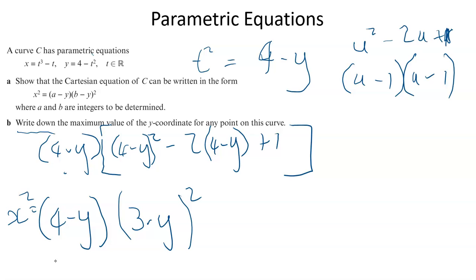And the fact that we're taking it away, t squared is always going to be a positive number. So if that's a positive number, then it doesn't matter. We're not going to get minus anything like that. The biggest value of y we're going to get is when this becomes 0, so that we're taking the least amount. So the maximum value of y, or y max, equals 4. And we can just take it straight from the parametrics.